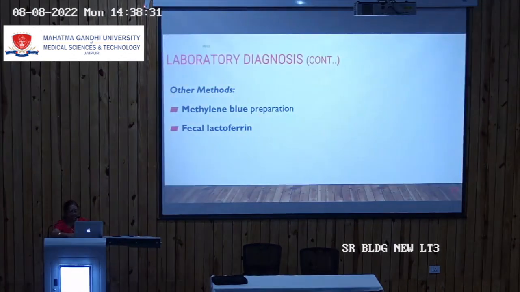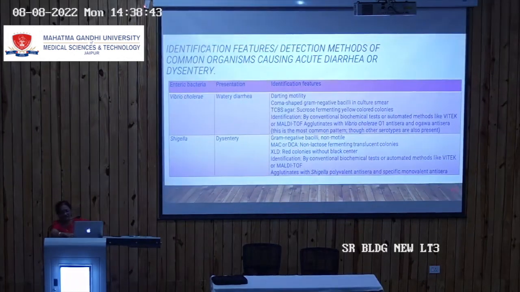Other methods are a simple methylene blue preparation, which will show you the pus cells, or gram-positive yeasts like Candida, etc. Then there is fecal lactoferrin, which can be seen in some infective and non-infective syndromes. Like in Vibrio cholerae, how will we identify? The diarrhea will be very watery and darting motility can be seen.